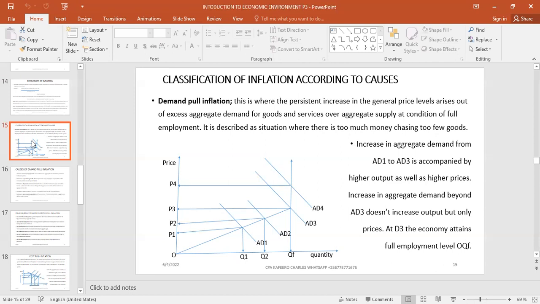The condition of full employment is all about, let's say, I can use an example of raw materials. Let's say you were engaged in cement industries or manufacturing, and you find that the raw materials you've used are no longer existing.